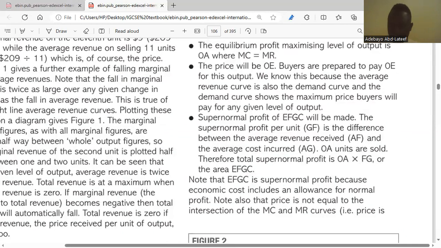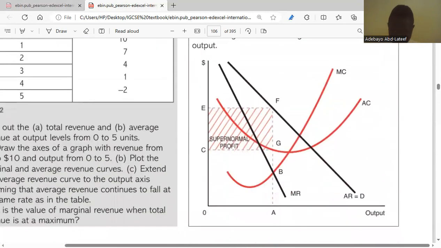So at GF, that's a supernormal profit. So a firm charging at OE, by selling at OE and producing at output OA, will be able to make a supernormal profit.